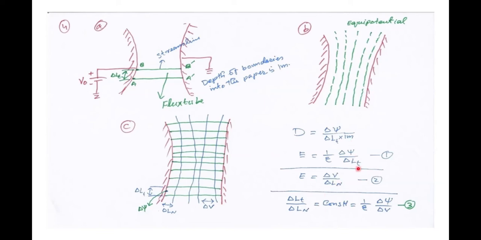So we obtain these three relations, and we will be using equation number 3 in onward calculations. We can also use equation number 1 and 2 to calculate D field, E field using the curvilinear square map method.